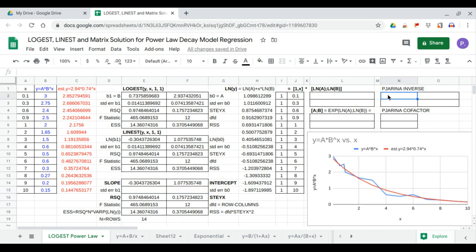We begin with the beta input inverse, which is equal to minverse of mmult of the transpose of the X matrix and itself.